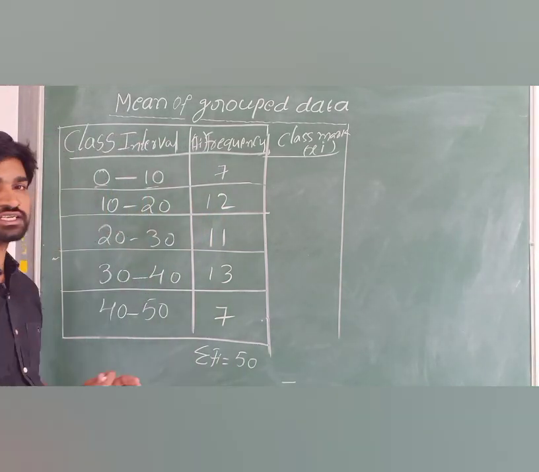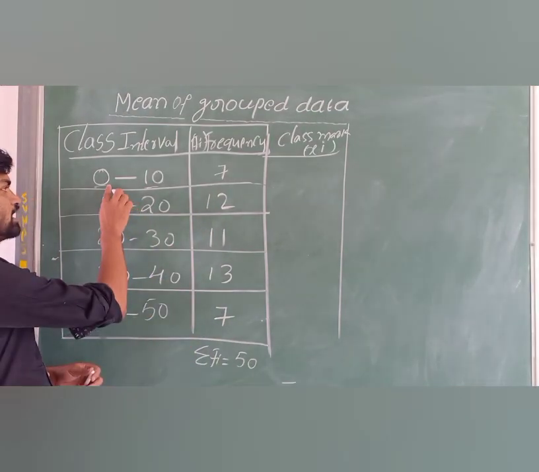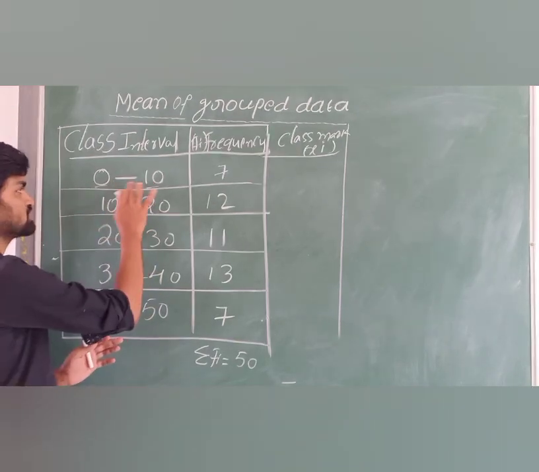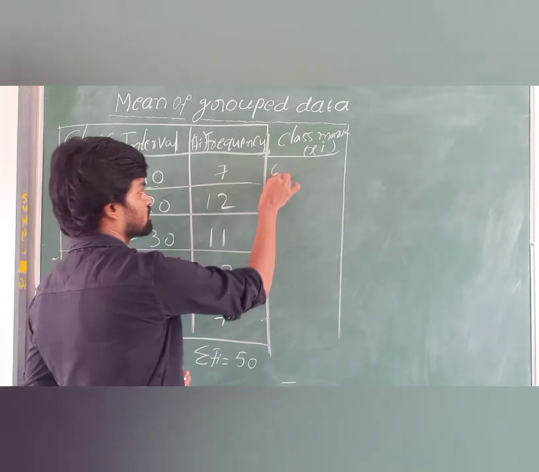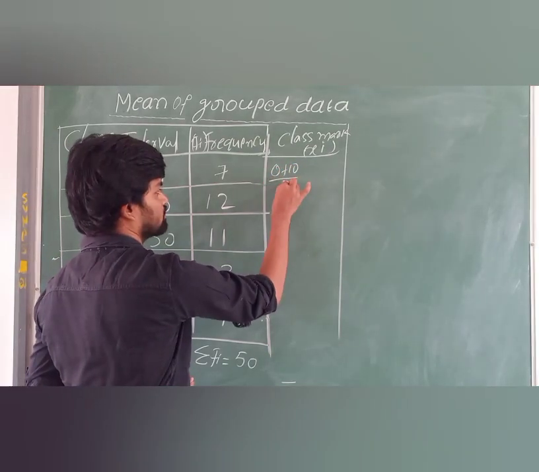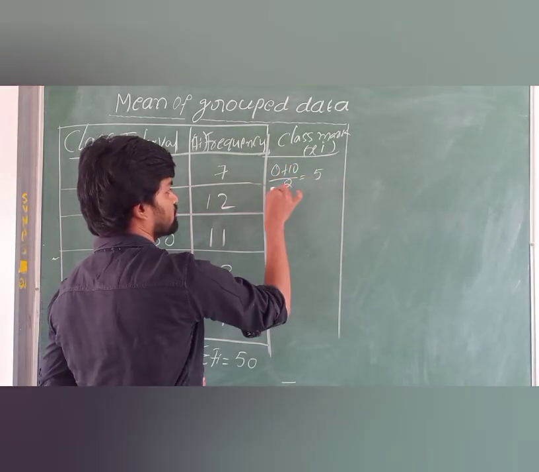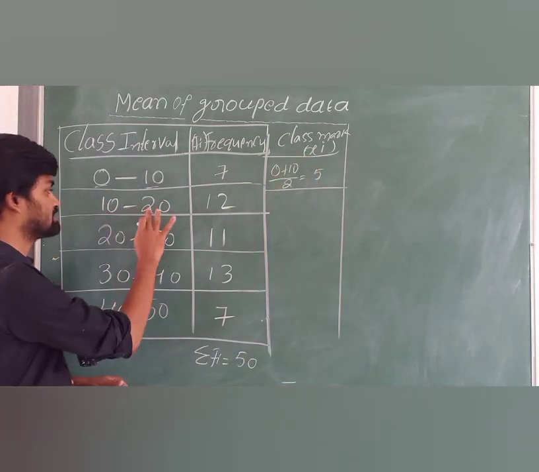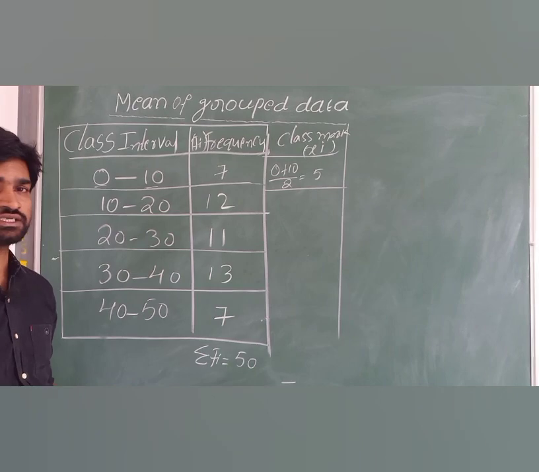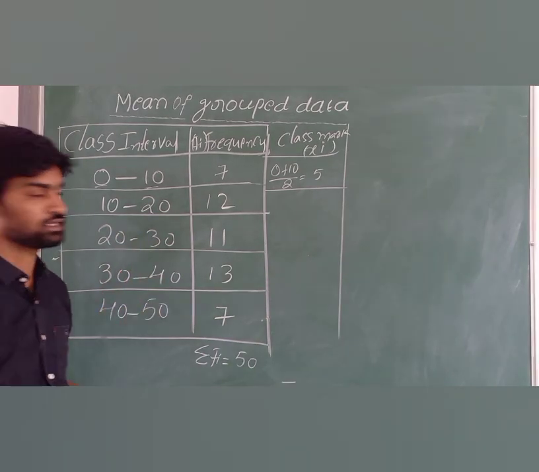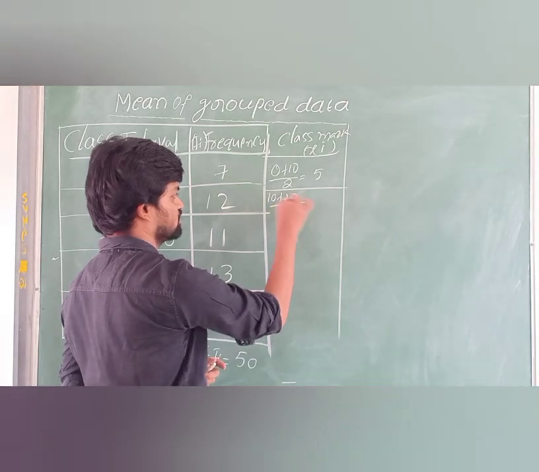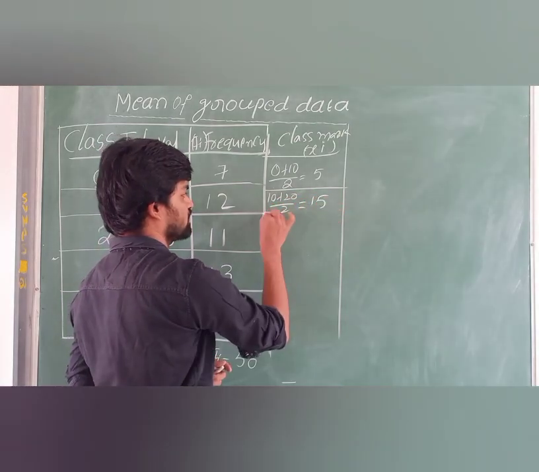Now I am going to find the class mark. Class mark is the lower class limit plus the upper class limit, divided by 2. So 0 plus 10 by 2 is 5. Next, 10 plus 20 is 30, and 30 by 2 is 15.